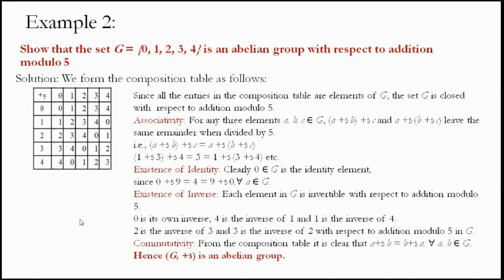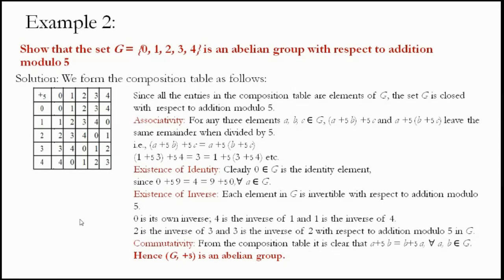Associativity: for any three elements a, b, c belonging to G, a plus b mod 5 and a plus b plus c mod 5 leave the same remainder when divided by 5. You see all combinations give the same values.